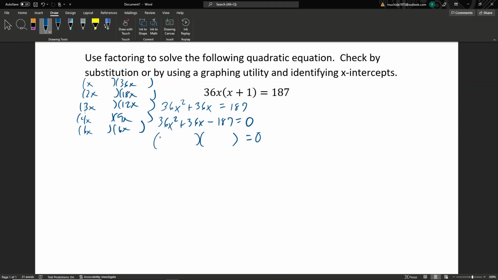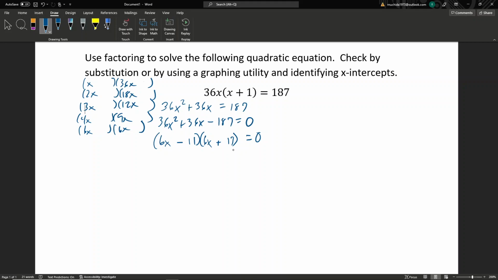So for this one, it turns out this factors to 6x and 6x there. And then it'll be, like we said, 11 and 17. And now this will be positive and this will be negative, because when we multiply this out, 6x times 6x would be 36x squared.